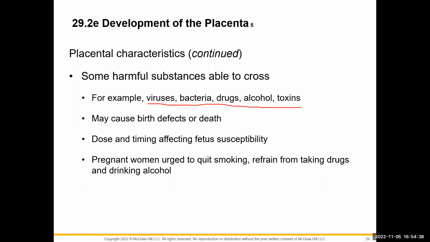If we're unable to prevent the movement of those substances across the placenta, then we can start to cause some birth defects, or worse yet, death, which is not good. That's why a lot of medical professionals will strongly urge women who smoke to stop smoking. Nicotine can cause vasoconstriction, and vasoconstriction decreases blood flow.